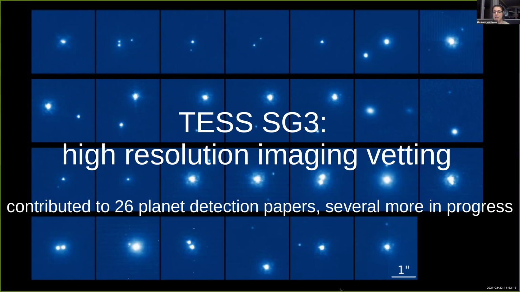This shows you the variety of things that we found. Some of these are bound companions, some of these are chance-aligned background stars. And we've been using these both to help vet individual planet detections, and we're also in the process of writing a survey paper. So if anyone's interested in that, definitely reach out. I'd love to chat about it more offline after the talk.